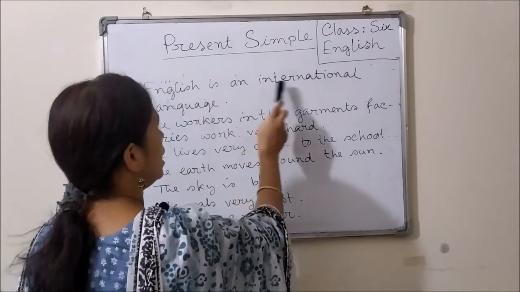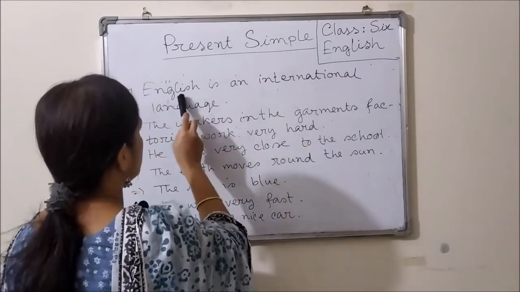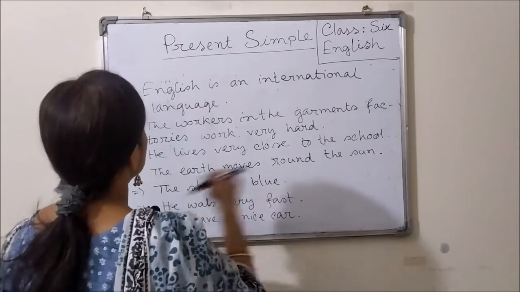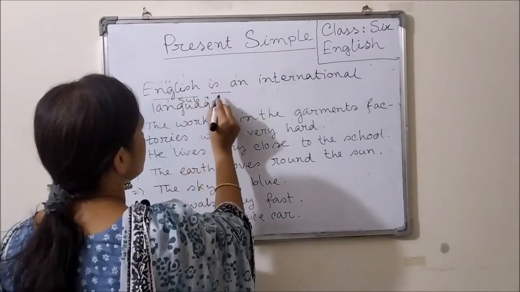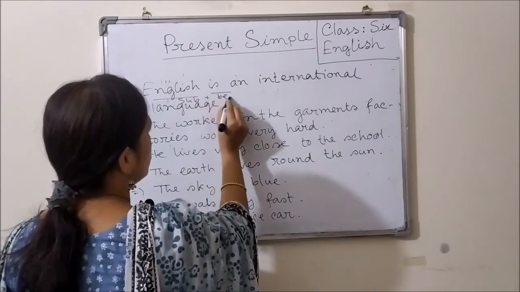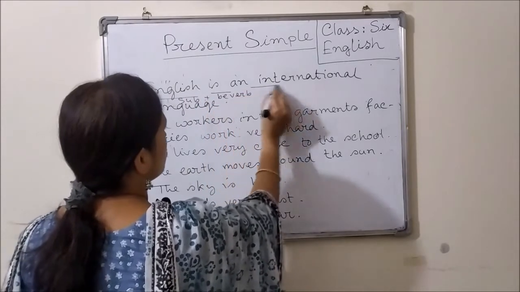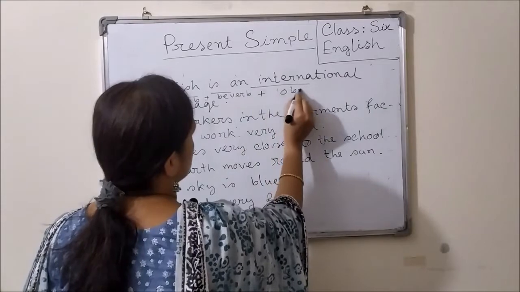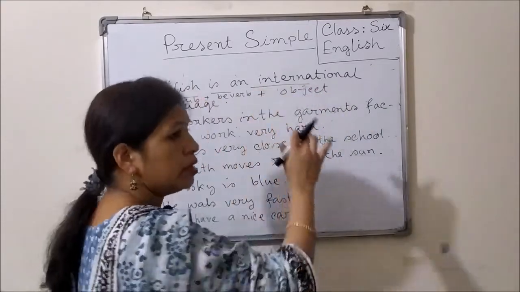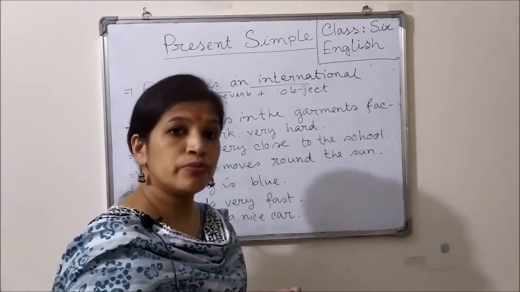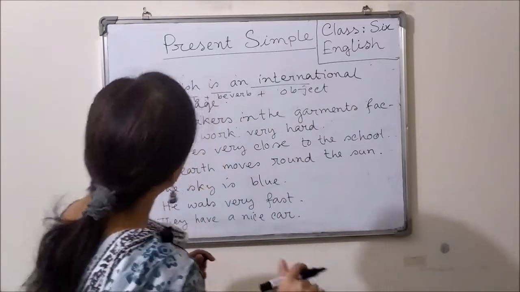Then the object, an international language. So the structure is subject plus present form of be verb plus object. Here this example matches with our first structure.